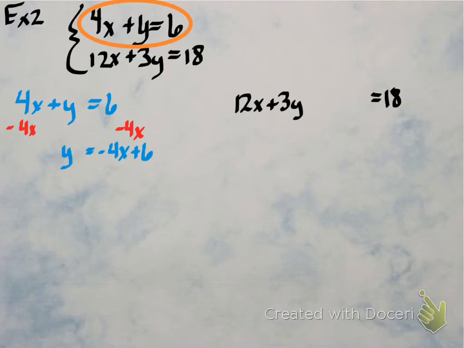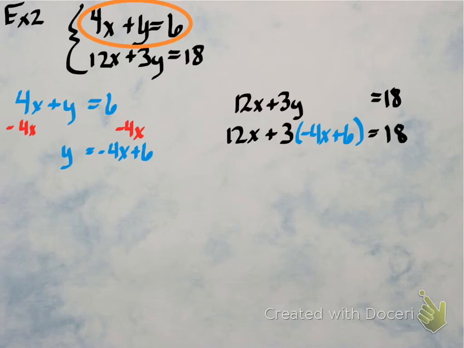So I have 12x plus 3 times negative 4x plus 6 is equal to 18. Distribute through my parentheses, and then combine like terms. So we have a negative 12x plus 18 is equal to 18.